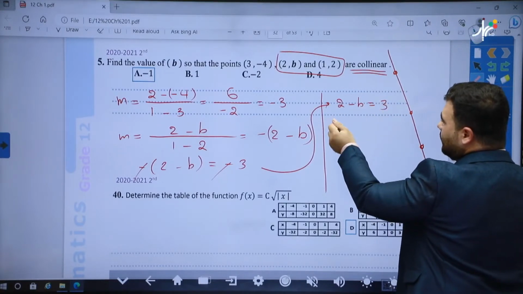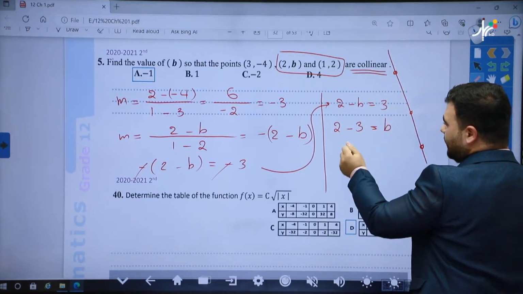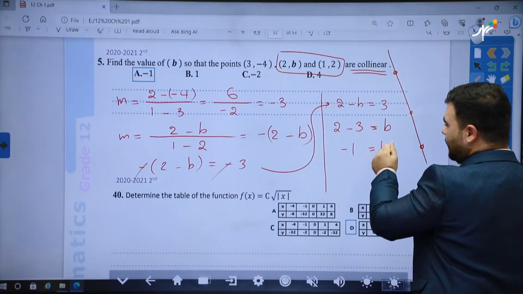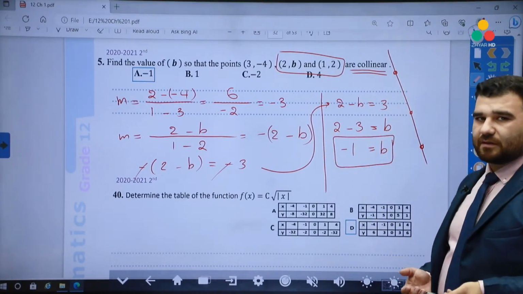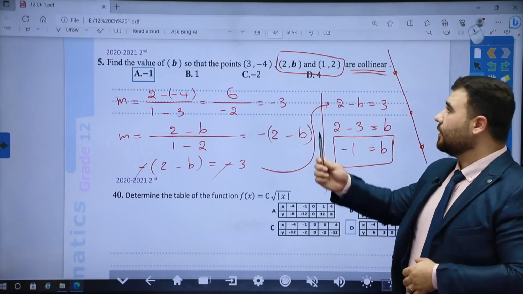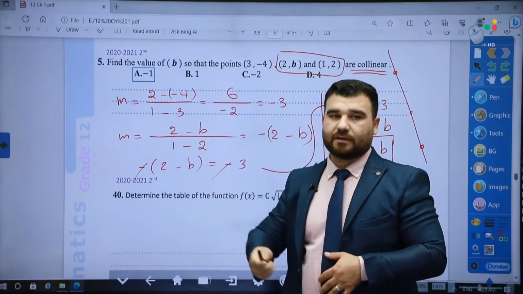Then 2 minus 3 is equal to b. That's negative 1 equal to b. Negative 1 equal to b, or b equal to negative 1, doesn't matter. It's the same thing. Now, the value of b is negative 1.